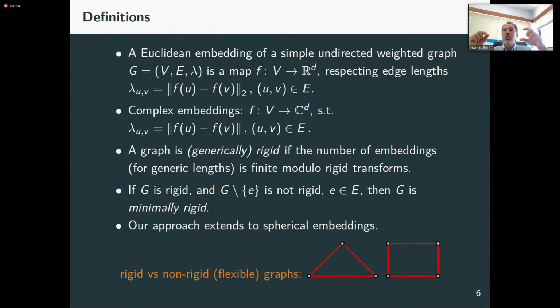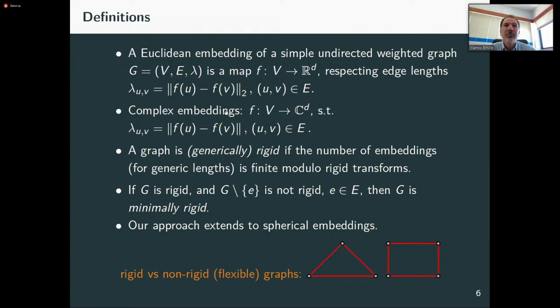So I would like to associate vertices to points in a Euclidean space of dimension D, where D is typically 2 or 3, such that the distance of the embedded vertices equals the edge length of the input.